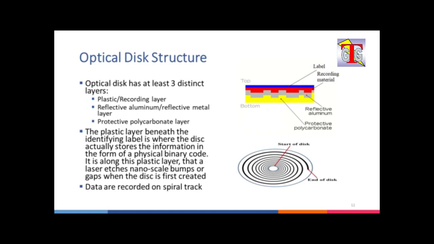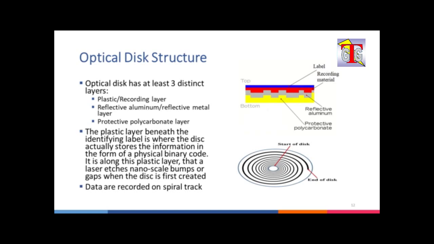Now, consider the top figure in which the optical disc structure is shown. The plastic layer or recording layer beneath the identifying label is where the disk actually stores the information in the form of physical binary code. It is along this plastic or recording layer that the laser etches nanoscale bumps or gaps when the disk is first created.